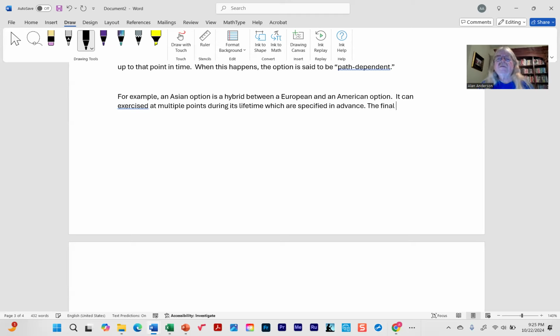And then here's the even more interesting part. The final payoff of the Asian option is the average of its payoff on each of the dates at which it may be exercised.